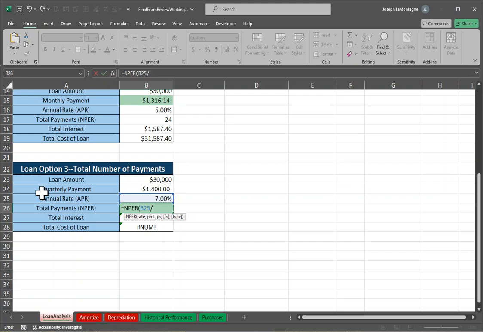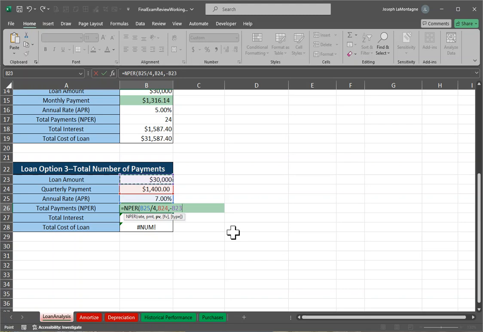We actually have a quarterly payment, so we have to divide by 4. You want to pay particular attention to whether the loan is paid quarterly or monthly. Then B24 is the payment, and then negative B23. This will allow us to calculate the present value as a negative number.